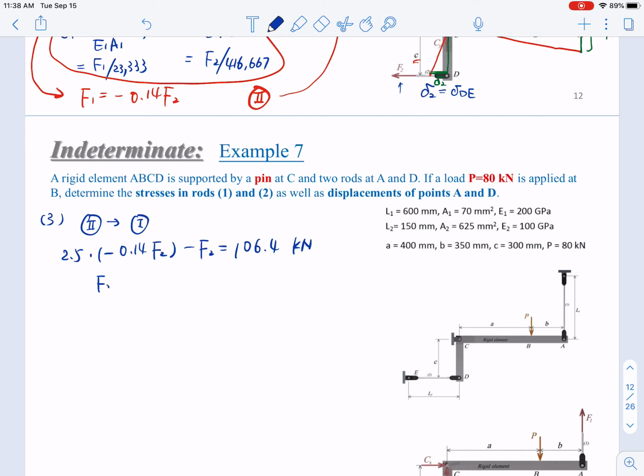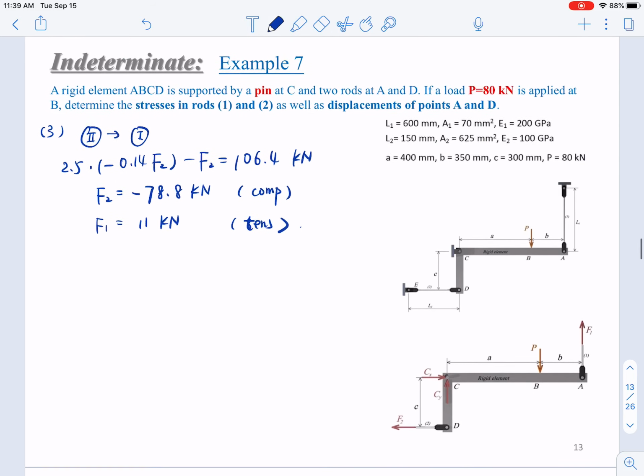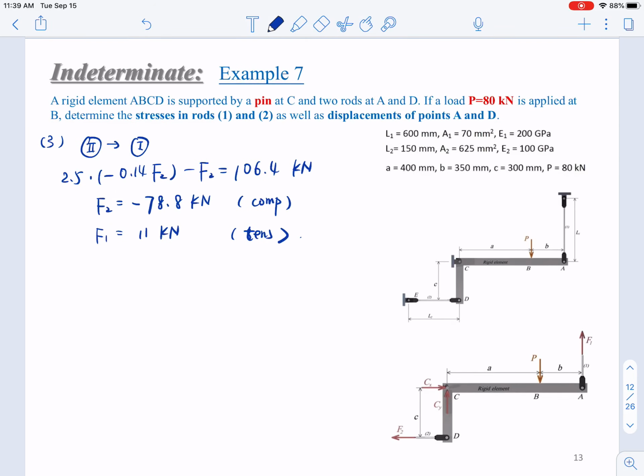So F2 can be solved from this equation, and it is negative 78.8 kilonewton. And F1 will be solved at 11 kilonewton. Okay, so here this is compression, here is tension.